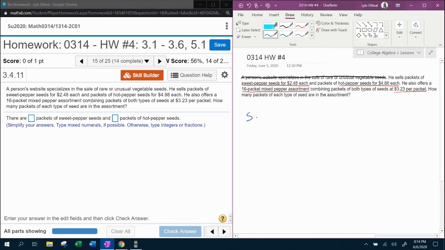So let's see, we've got sweet pepper seeds. And let's say that the amount of sweet pepper seed packets in the 16 packet mixture is X. And then we have hot pepper seeds.